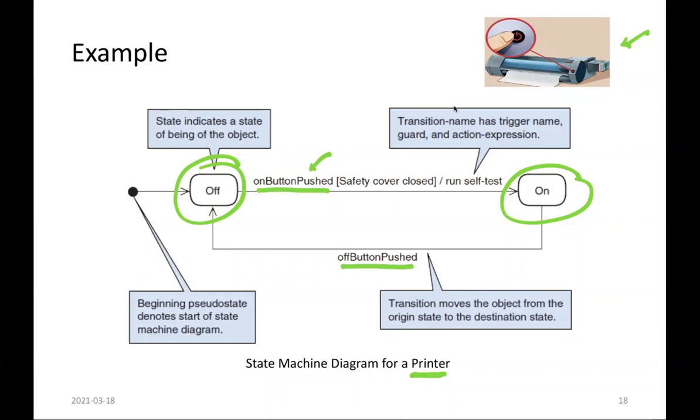As you can see, the effect of pushing the on button is that we run the self-test on the printer. Moving back from the on state to the off state happens through the transition of pressing the off button. So, transitions.